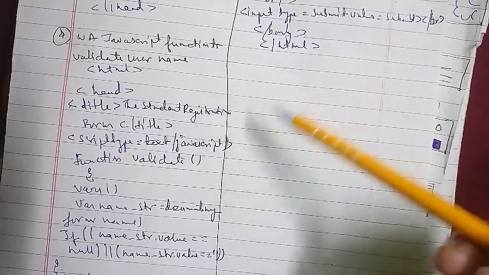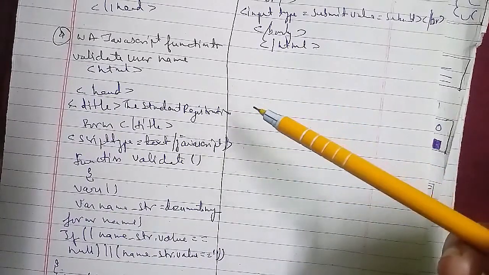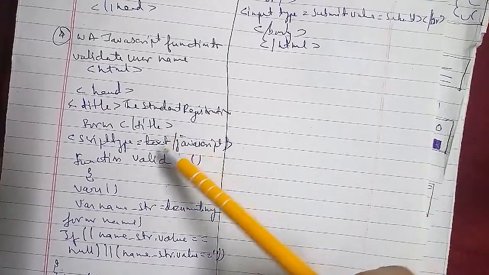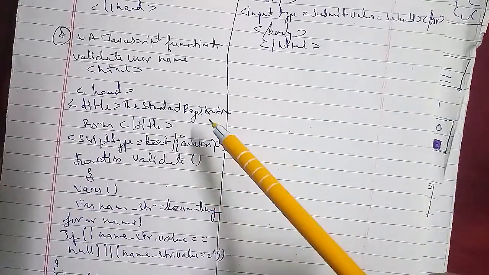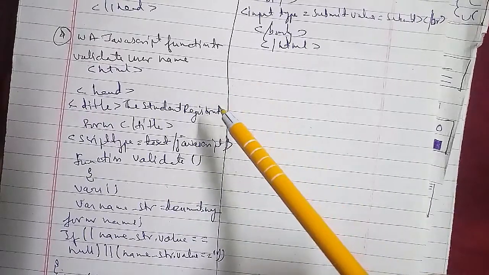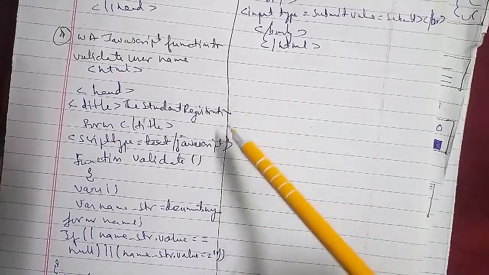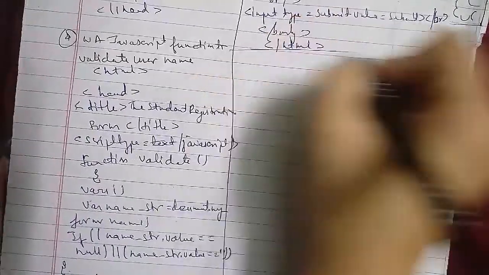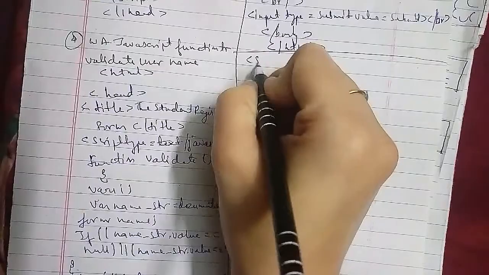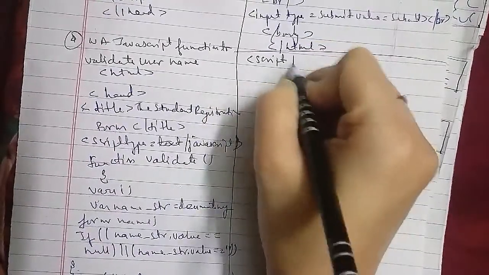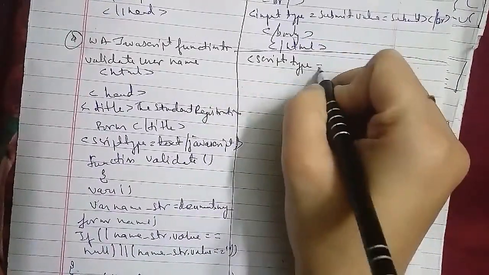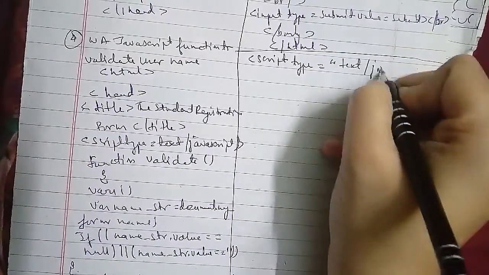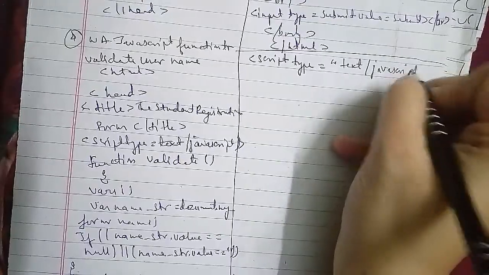Now we'll go ahead to the validation using JavaScript that we had done here, as you can see, and you can go through that as well, to validate either the username or the email. Now what they can ask you is the difference between Java and JavaScript, which we had discussed in the last class, and write a JavaScript function for email address validation, that is to check if the content is in the general syntax of an email or not, which we had done in this class.